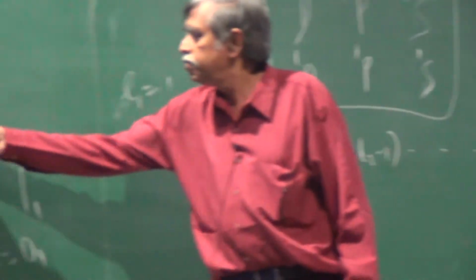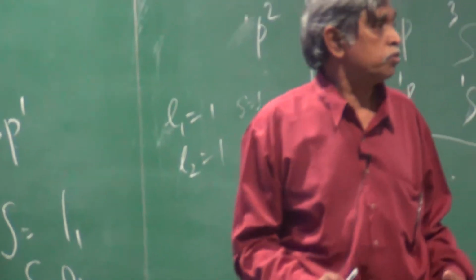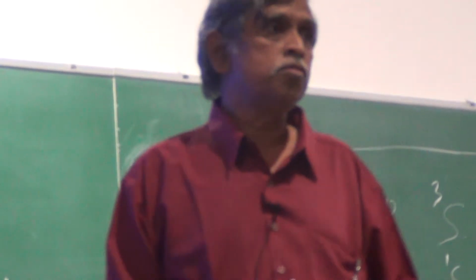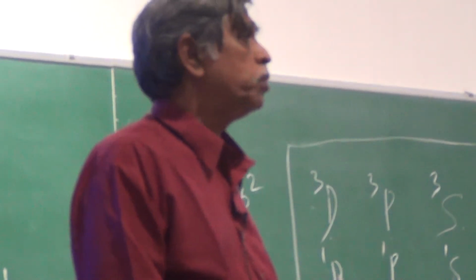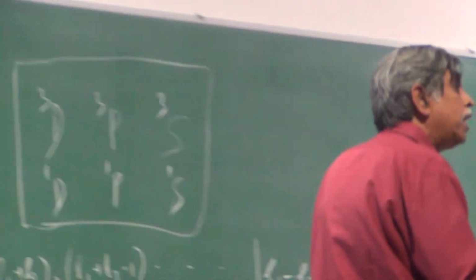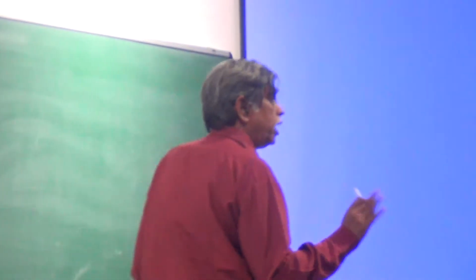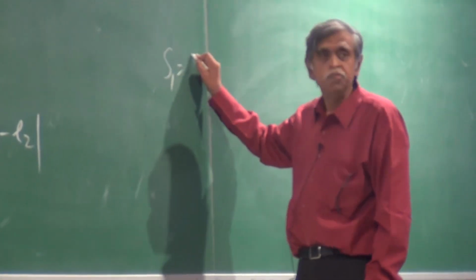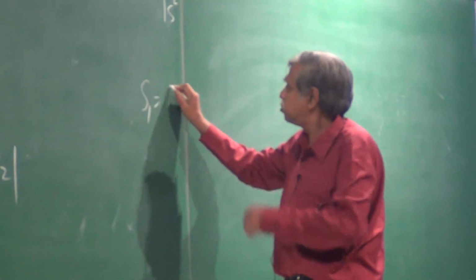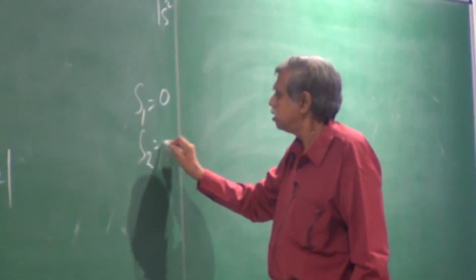If I have two non-equivalent electrons, all states are possible. But if I have equivalent electrons, then of course we have an issue, because some of these states will not be allowed. Just like if I had helium, how many electrons are there in helium? 2 electrons, and they're both 1s electrons, right? s1 is half and s2 is half.